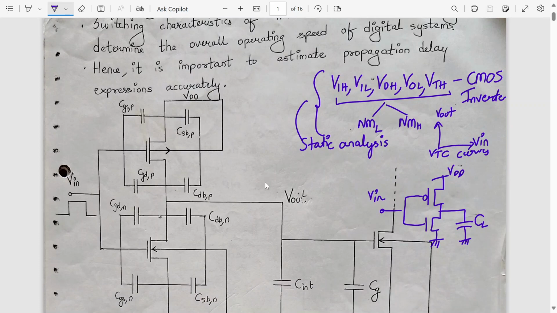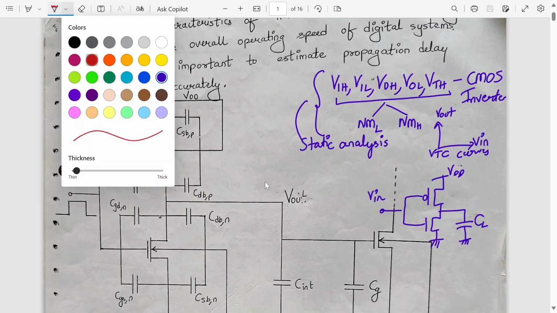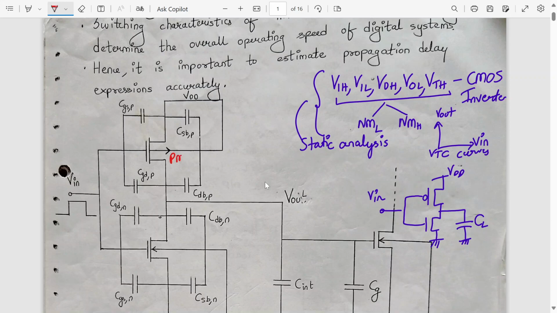Now we have studied the MOSFET capacitance also in detail. Yes or no? So we have this MOSFET. This is my PMOS, and this is my NMOS. We apply a time varying input step to it. We have applied Vin of t, and we have loaded it with the capacitor, and we will be plotting Vout of t. So basically we are analyzing the delay associated when a signal goes from 0 to 1.